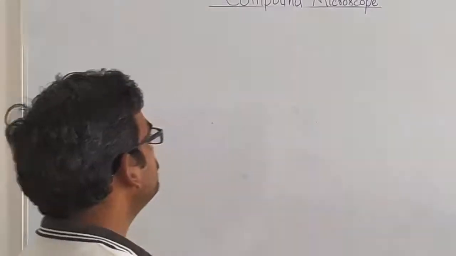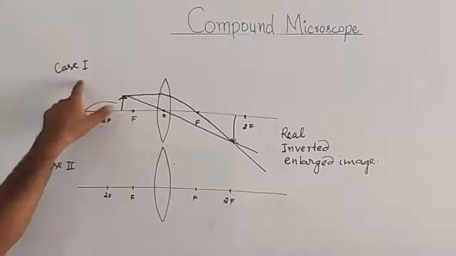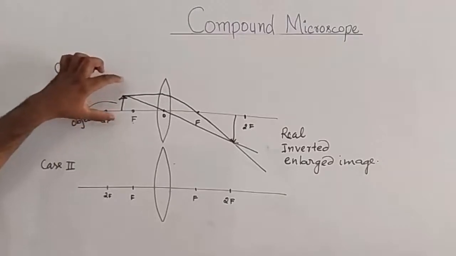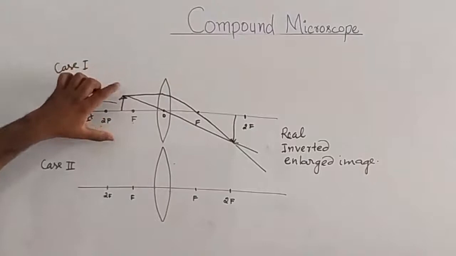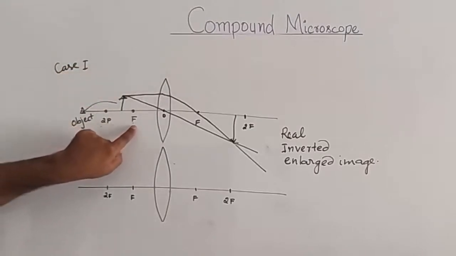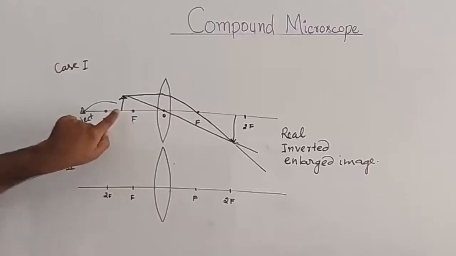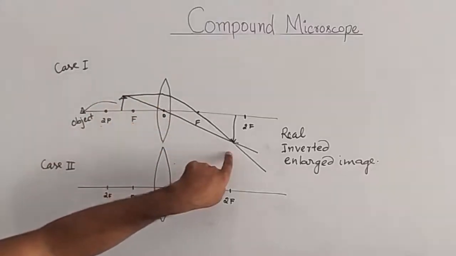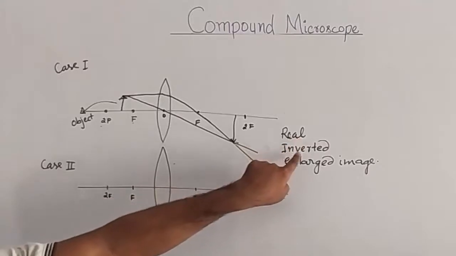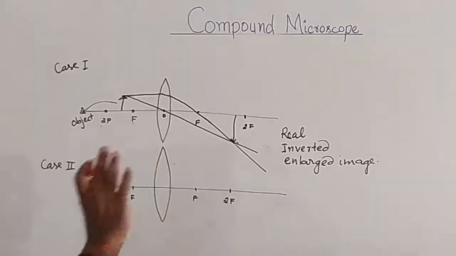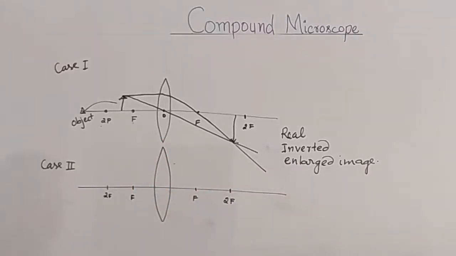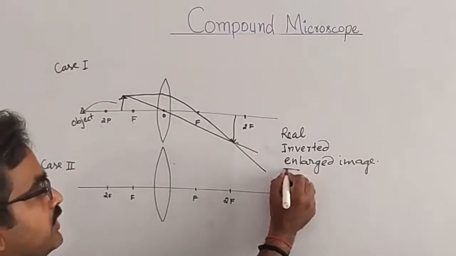So what are those two conditions? When we place the object in front of the convex lens at a distance beyond f and nearer to 2f, then we will get a real, inverted and enlarged image. So here is our image formation and we get an enlarged image.